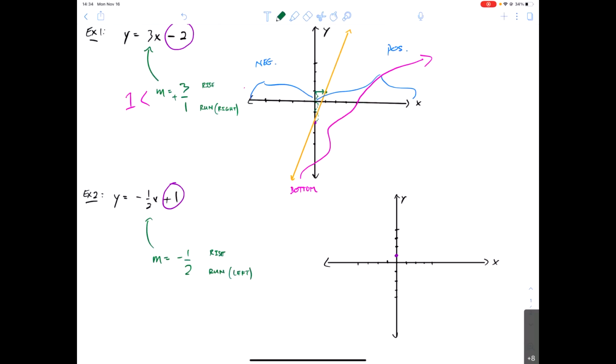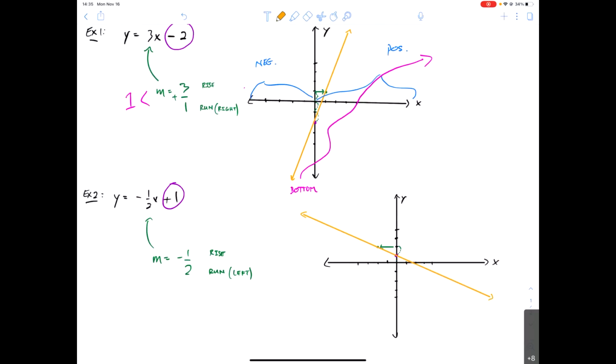So you rise 1, and you run to the left, not 1, but 2 units. So your point is right here. And then now when I connect these 2 points in a line, oops, that's a little off, sorry. There you go. That's good.